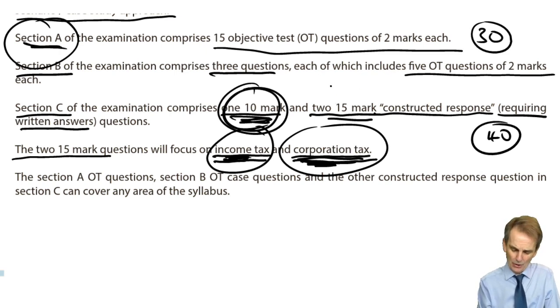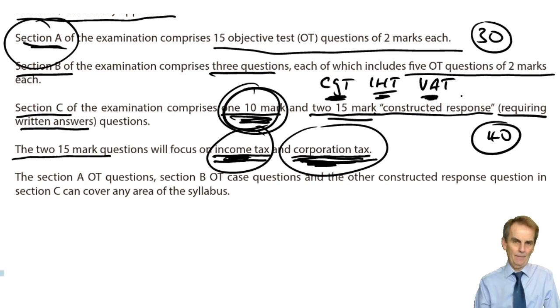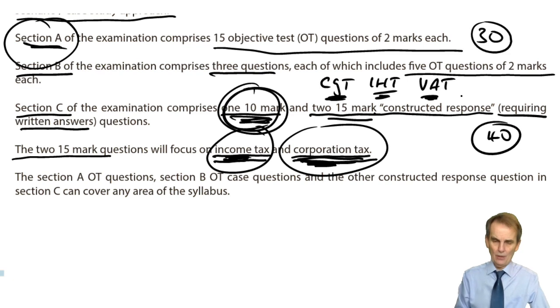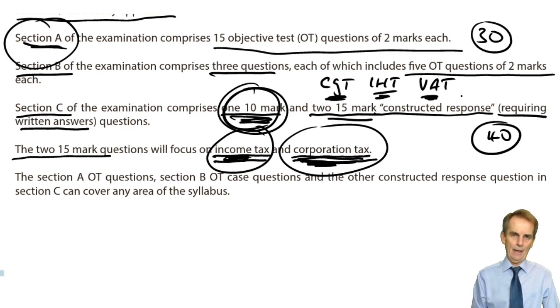The remaining 2 personal taxes, so we've got capital gains tax and inheritance tax. And of course the indirect taxation as we know it, VAT. So we're likely to see those 3 questions focused in on those 3 taxes there.